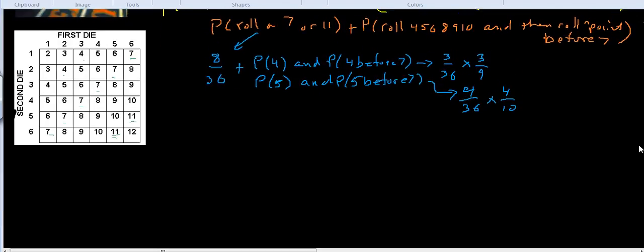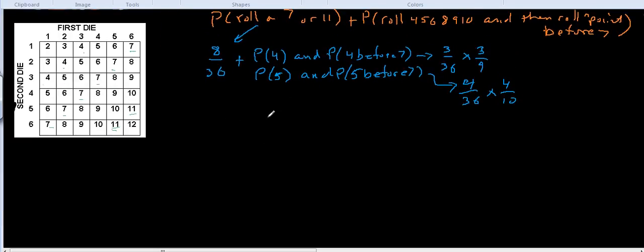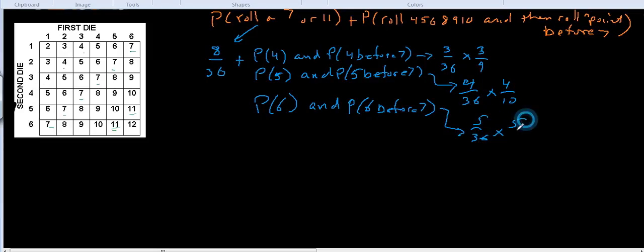And putting this together, we continue on with the probability of getting 6 as our point number, which is the probability of 6 and the probability of 6 before 7. This time we have 5 out of 36 times 5 out of 11.